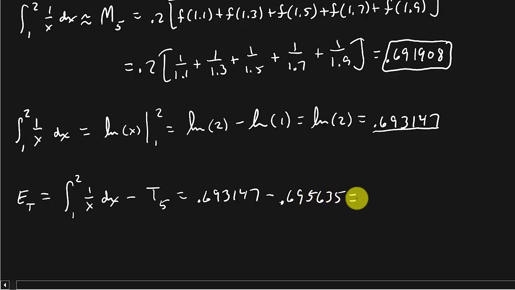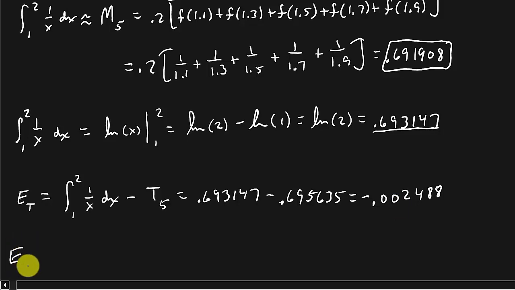And when we subtract those, we get negative 0.00248. So that's the error that we get with the trapezoidal rule, and you can see it's not that big.